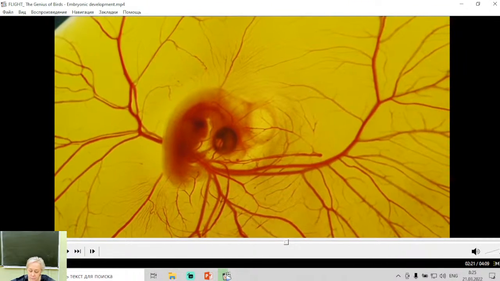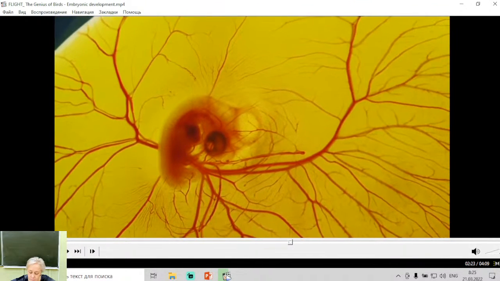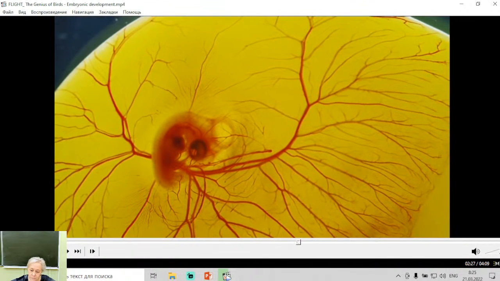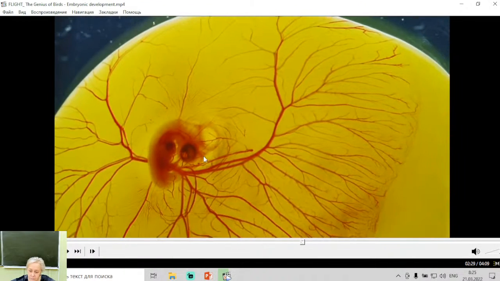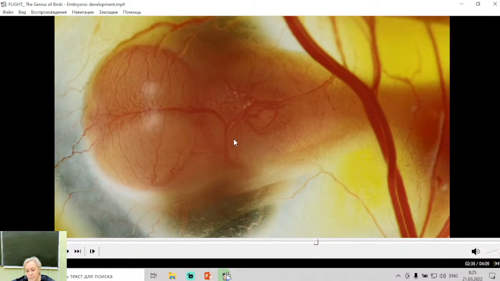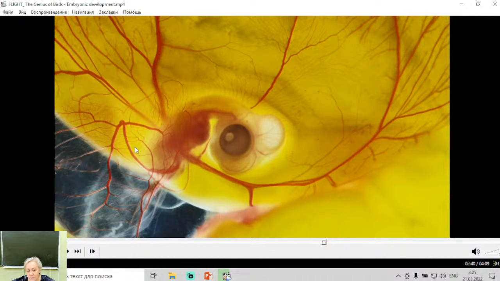With the groundwork of major systems and organs now in place, the next 19 days are devoted to the completion of their development. Yolk sac with blood vessels.